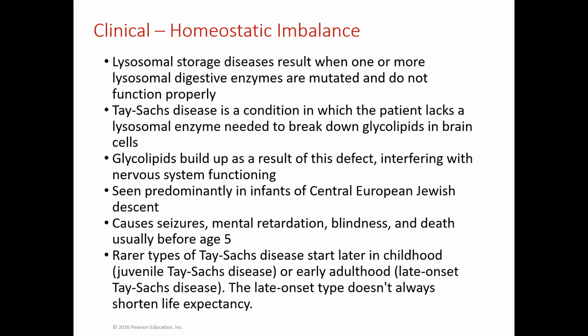Now, there are variations on anything. In some individuals it starts later, some can even start as a young adult. Those usually don't have bad consequences, because once we're past about age 16 or so, our brain and spinal cord are fully formed. So we're pretty safe at that point.